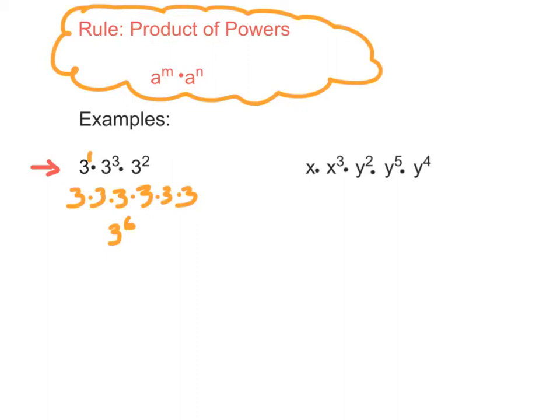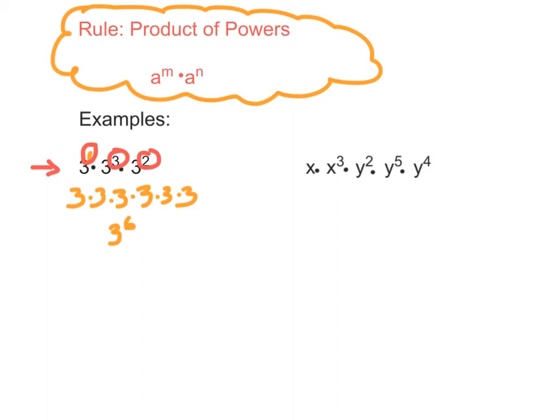So here is the situation. If you look back at our exponents, we had a 1 and a 3 and a 2. What do you get if you add those exponents? 1 plus 3 plus 2 is 6, which is what we ended up using right here, 3 to the 6th. So that is the rule.